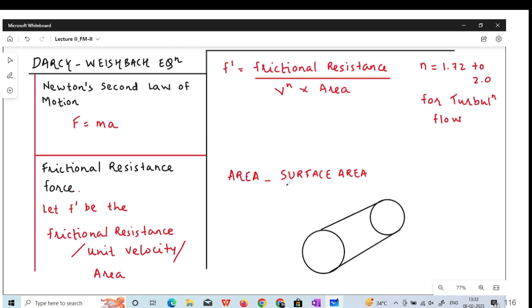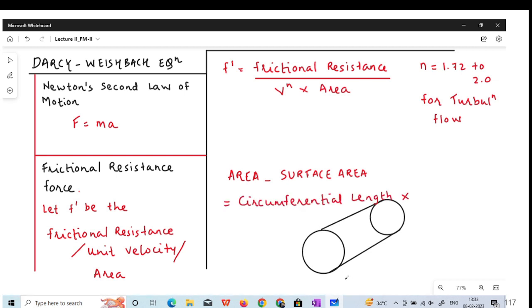So how to find the inner surface area? For that, we have to calculate the circumferential length into length of the pipe. If you multiply these two entities, you will get the surface area. So what is circumference? Circumference is 2 pi r, or you can write 2 pi into d by 2, where d is the diameter of the pipe, or simply you can write pi d, circumferential length, into length of the pipe.